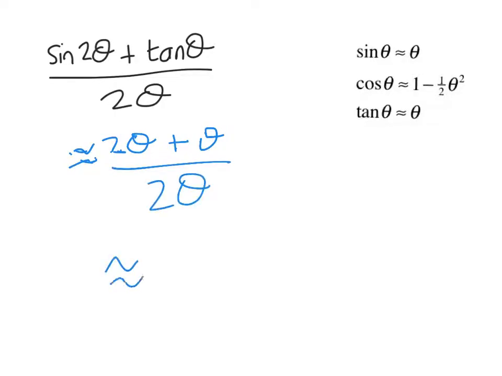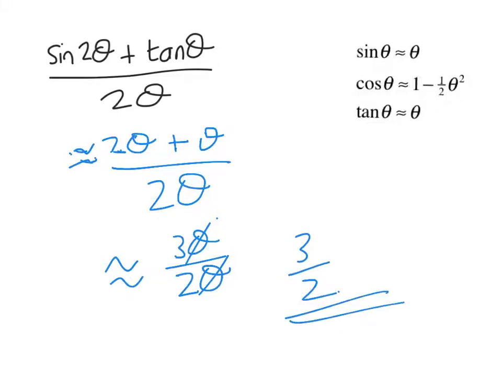So starting you off with a nice simple one, 3 theta over 2 theta. Thetas cancel out. So you've got an approximation there of 3 over 2. There you go. So that's just a nice one to introduce the concept of replacing these sine and tan terms with something in terms of theta.